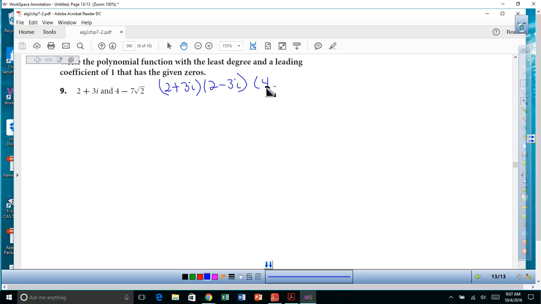If you have 4 minus 7 times the square root of 2, you're also going to have 4 plus 7 times the square root of 2. So you're going to have 4 zeros, so your end formula will have a degree of 4.